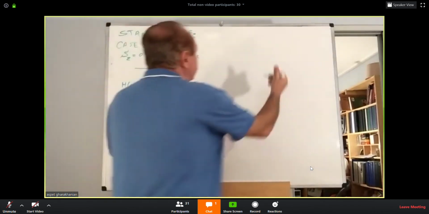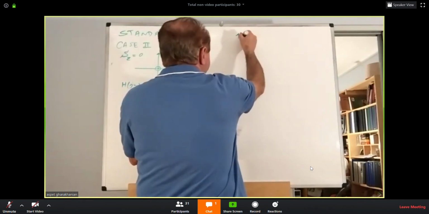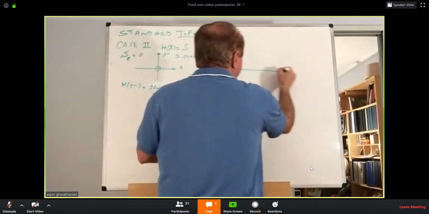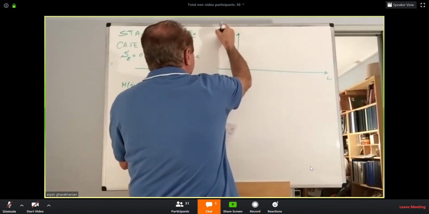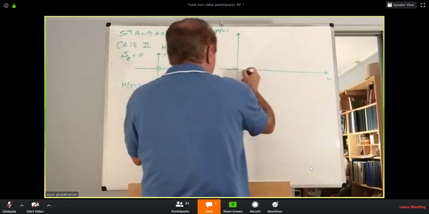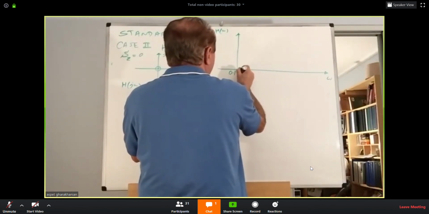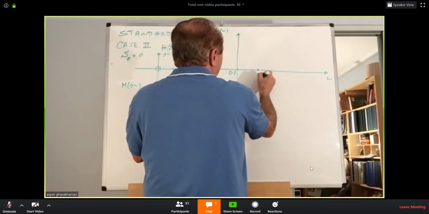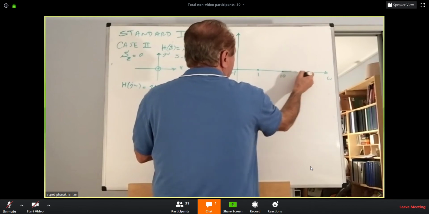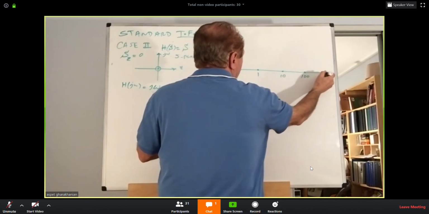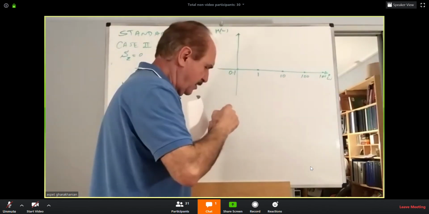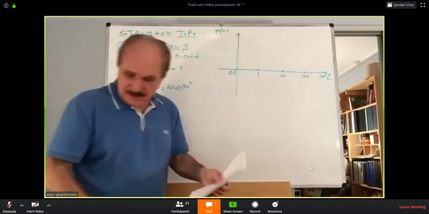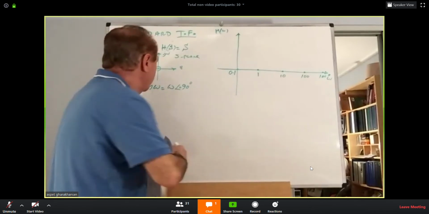How does it look on the graph? There is the omega. This is the magnitude. Again, let's choose a scale: 0.1, ones, tens, hundreds, and thousands. Just by numbers you can show.